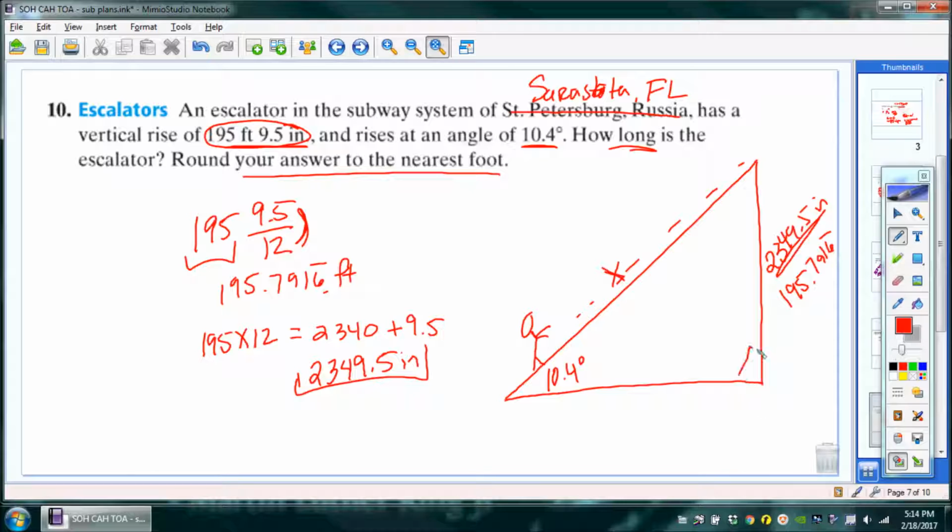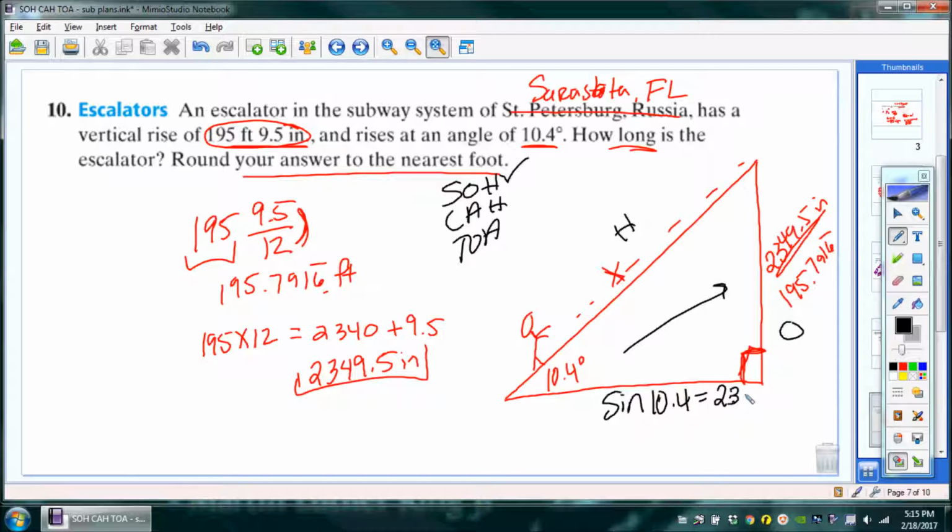So here's my 90-degree angle. So it looks like I have opposite and hypotenuse. So opposite and hypotenuse, sine, cosine, tangent. I'm going to use sine for that. So I have sine of my angle, 10.4, equals opposite, 2,349.5 over x.